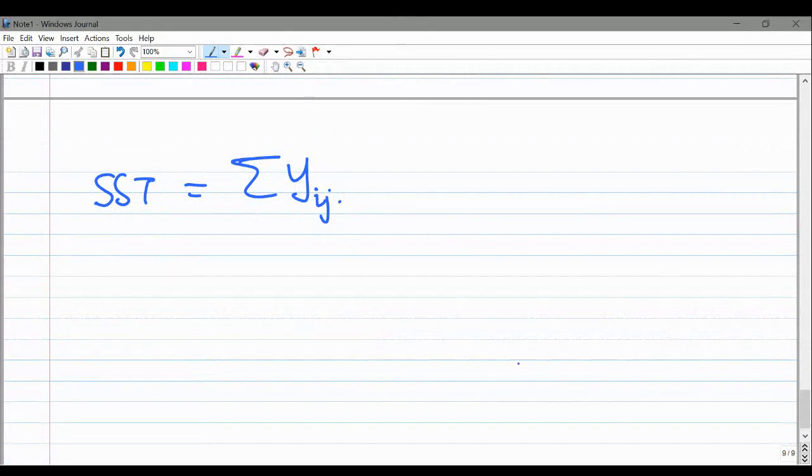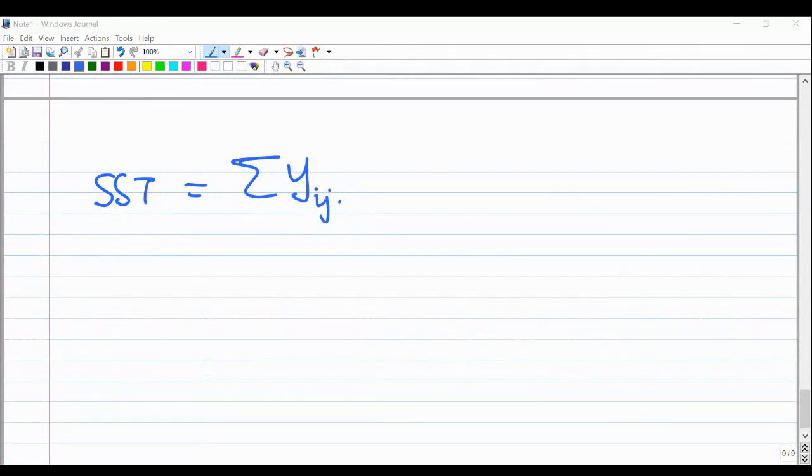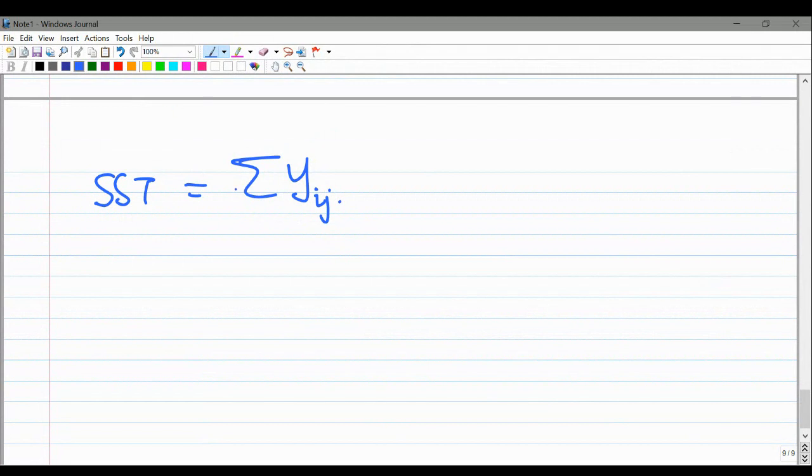I think it has to be double summation if it's having ij like that. Let me check the formula for the treatment. Yes, it's supposed to be double summation here because we have I and J.